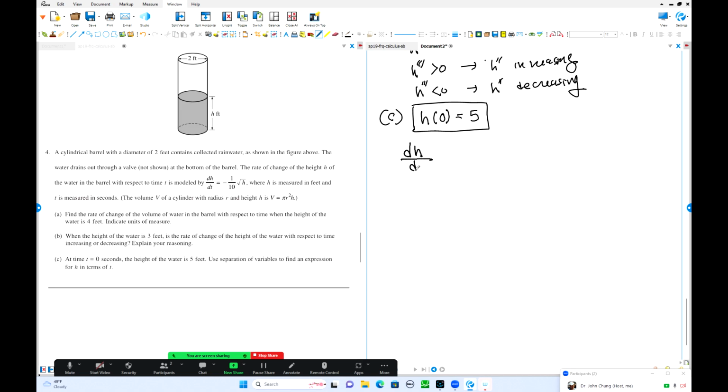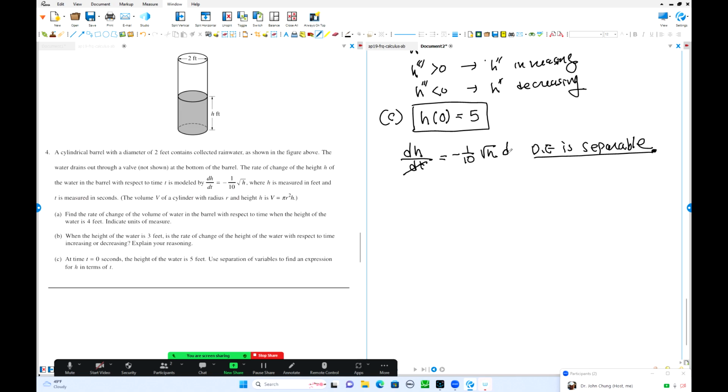dh/dt equals negative 1 over 10 square root of h. This differential equation is separable. Put h on one side and the other on the other side, so multiply by dt.